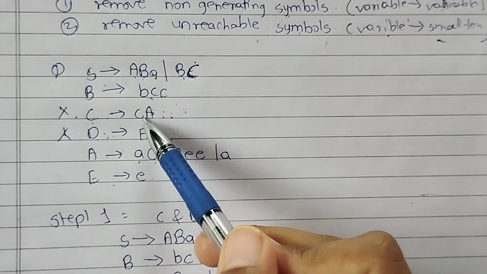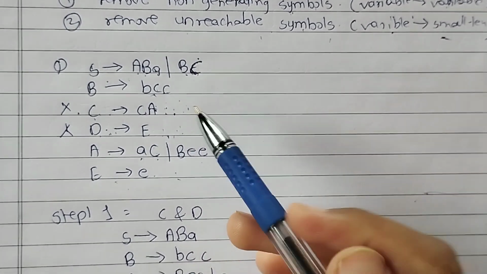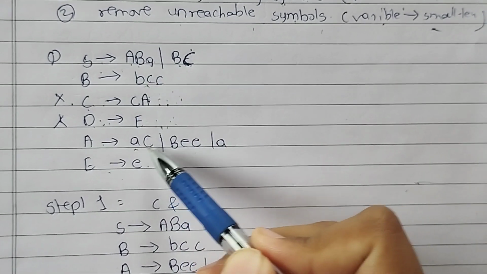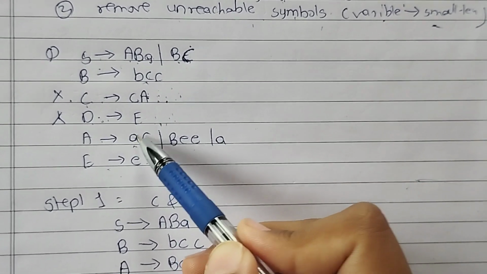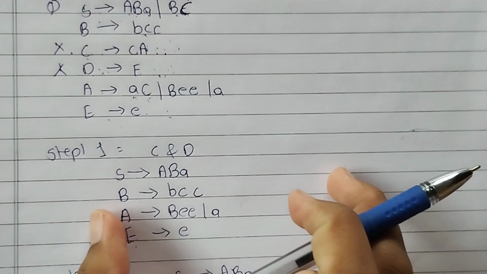Here C is removed, and again here C is present, so we do not write this BC, only we write AAB. Then here AC is present, C is removed, so we do not consider this AC, and all remaining productions are written as they are.